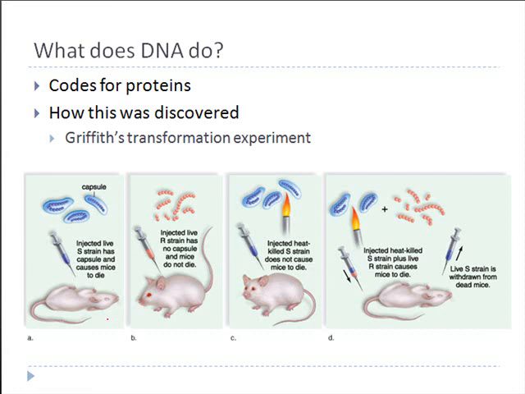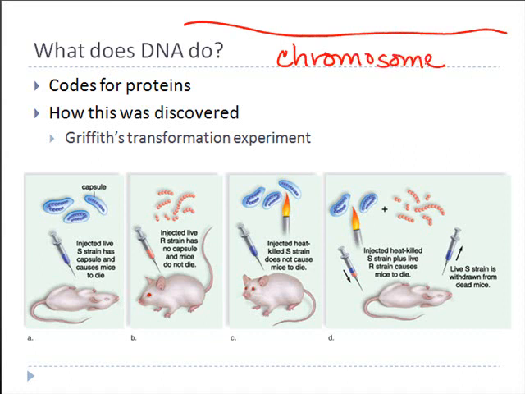And if you look at a long string of DNA in the body, called a chromosome, and we as humans have 46 chromosomes, but if we look at just one of those chromosomes, that chromosome is a long string of DNA. And on that long string of DNA, there are different genes.